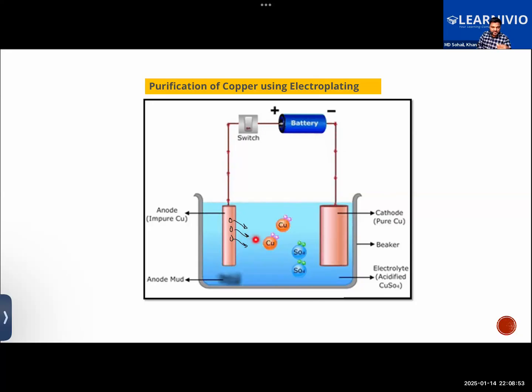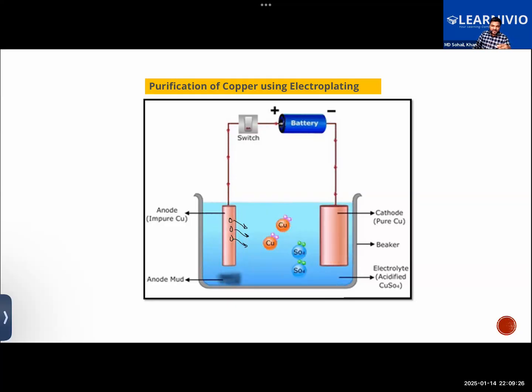So copper being positive is attracted towards the cathode, basically the pure thin strip of copper. And you can see how the impure rod is becoming thinner and impurities are settling down below this. That will be called anode mud, by the way. And this cathode, which is the pure strip of copper, is becoming thicker. So that is how the refining is done. So we have basically got rid of the impurities from this one. It has settled down at the bottom.